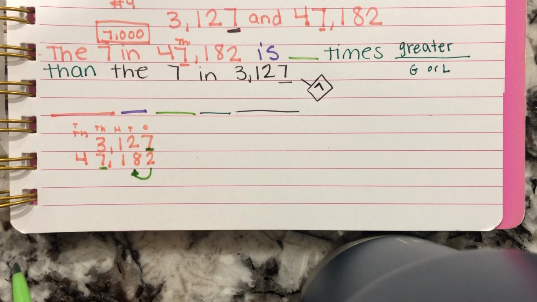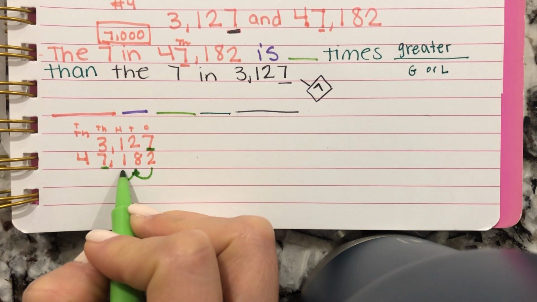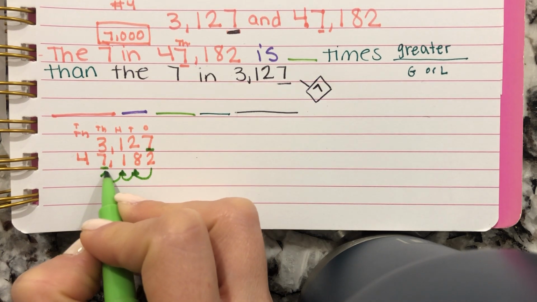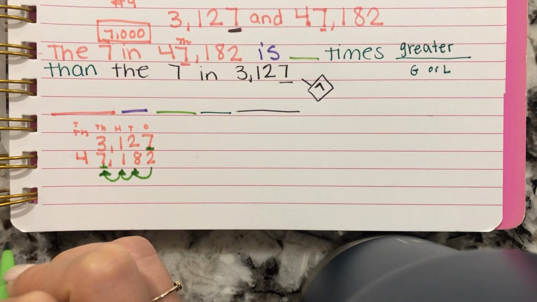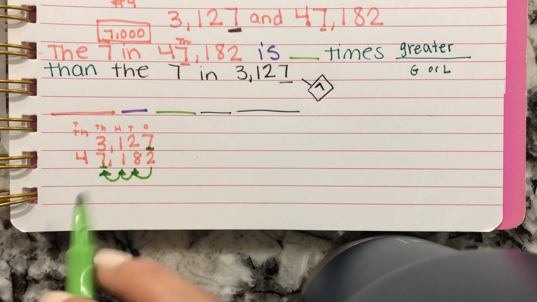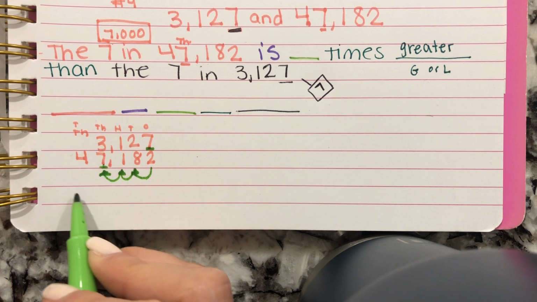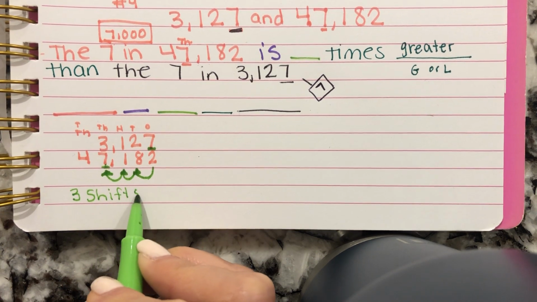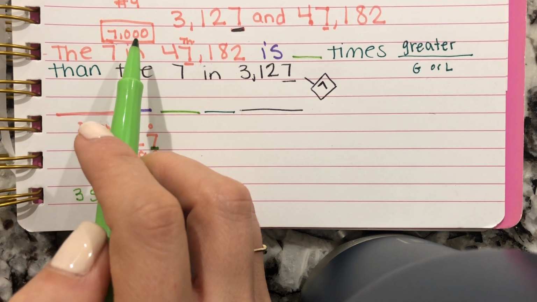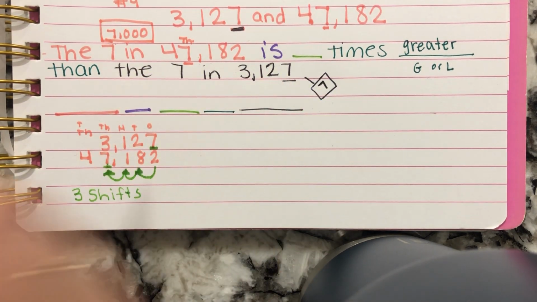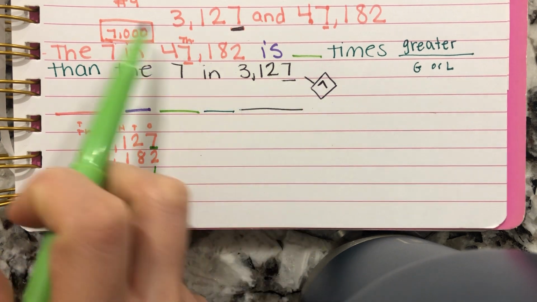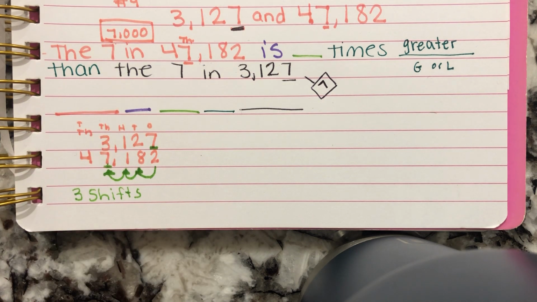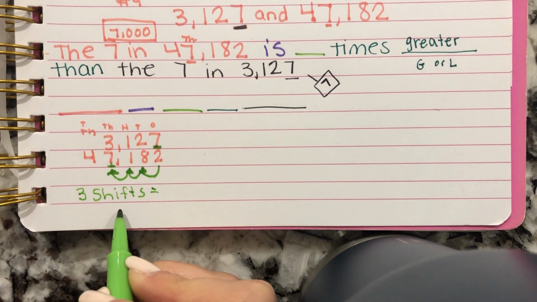I didn't land on a 7 though, so I gotta keep going. Second shift takes me to the hundreds place. Third shift, I finally land on my second 7 in the thousands place. So that was 1, 2, 3 shifts. And let's just listen to those values. 7,000 compared to 7. How many times can 7 go into 7,000? 7 times what would give us 7,000? What does 3 shifts represent?